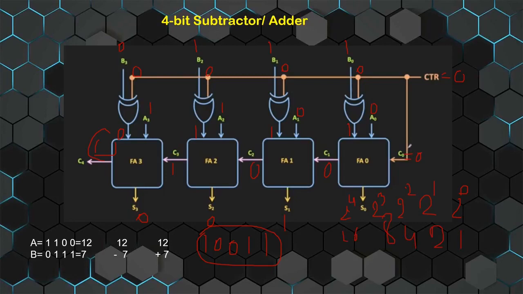So 19 means here 1, here 1, here 1. 16 plus 2 plus 1 is 19. So 10011. Okay, we got 4-bit subtractor, or we can perform 4-bit subtraction or addition using the same circuit, but it is controlled using this control circuit.